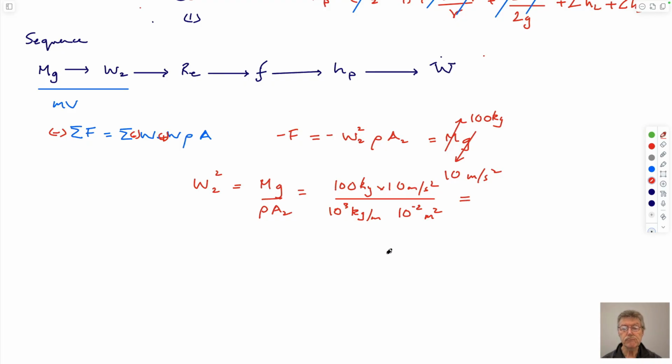Getting a bit crowded. So this would be 10 to the 2 times 10 to the 1. So I guess that would be 10 to the 3 over 10 to the 1 minus 1, 10 to the 1, which would be equal to 10 squared.